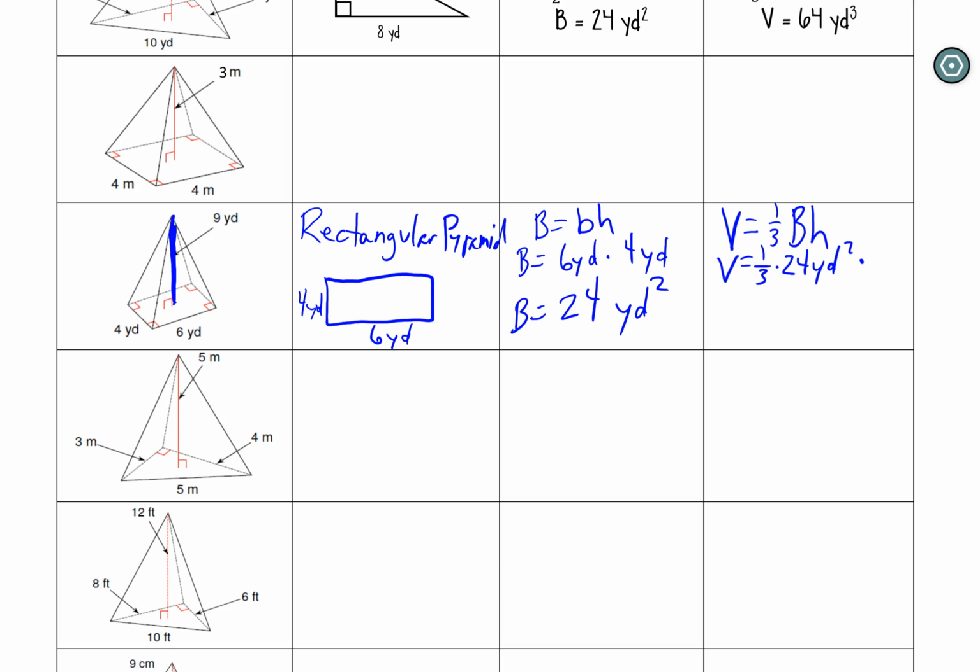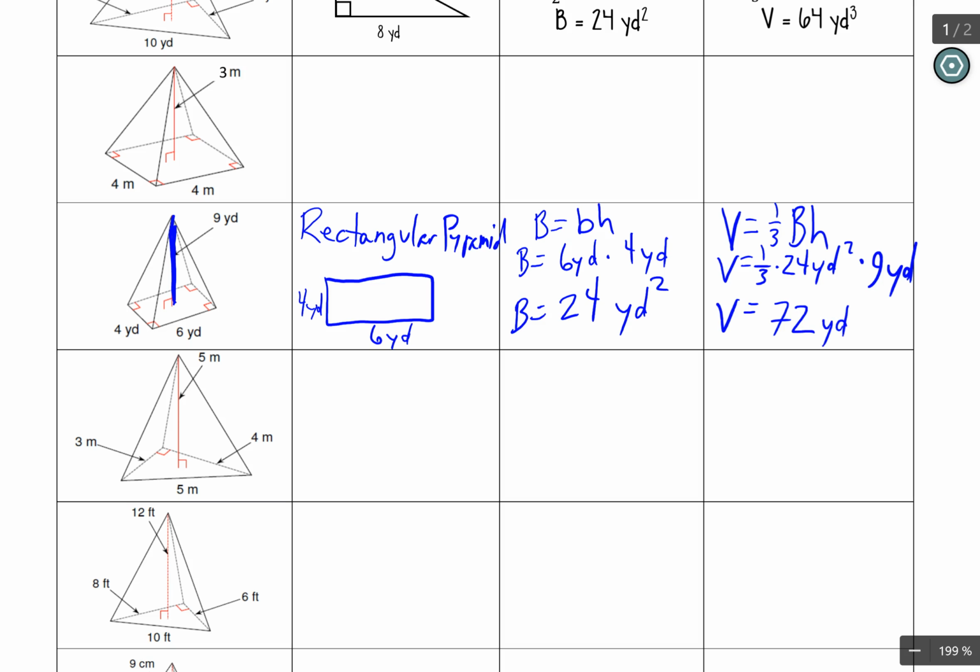So 1/3 times 24 yards squared times 9 yards. Now I can simplify and just multiply it out and solve it. I have 1/3, and I can do 1/3 of 24, 1/3 of 9, or 1/3 of the product of 24 and 9. I'm going to go ahead and do 1/3 of 24, which is 8. 8 times 9 is 72, and so that gives me 72 yards.